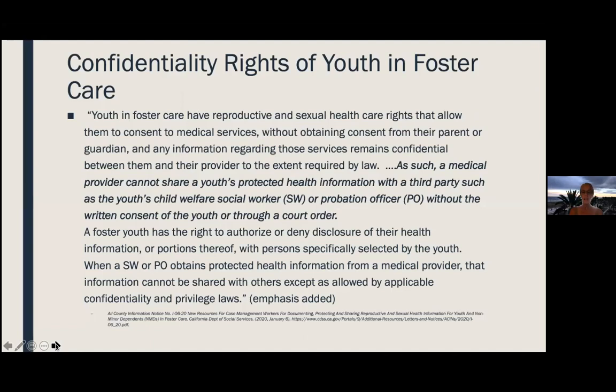So this is a long statement from an all-county notice that went out to case management workers from the California Department of Social Services. And what I want to emphasize to you, I'm not going to read it to you, but you can see the bolded part.